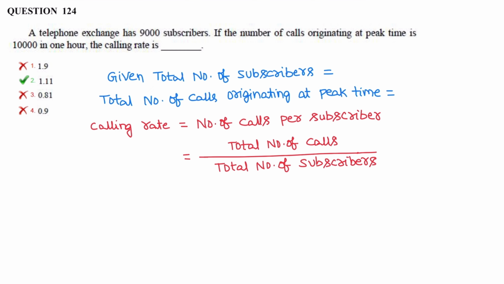This is the diagram for an astable multivibrator using 555 timer, where charging time constant is 0.693 RA plus RB into C, and discharging time constant TD is 0.693 RB into C. Therefore, total time is the sum of charging and discharging time constants, TC plus TD, that is 0.693 RA plus 2RB into C. Correct answer is option 4.